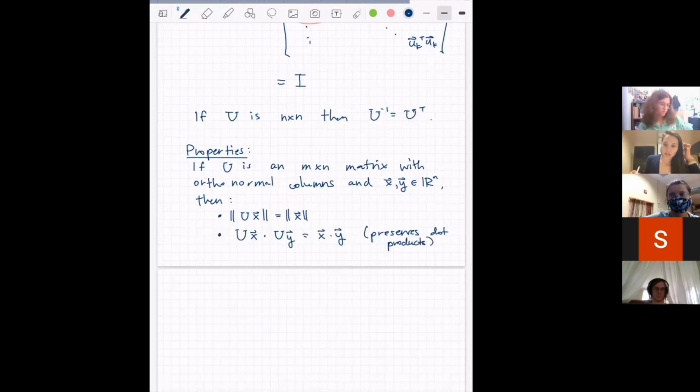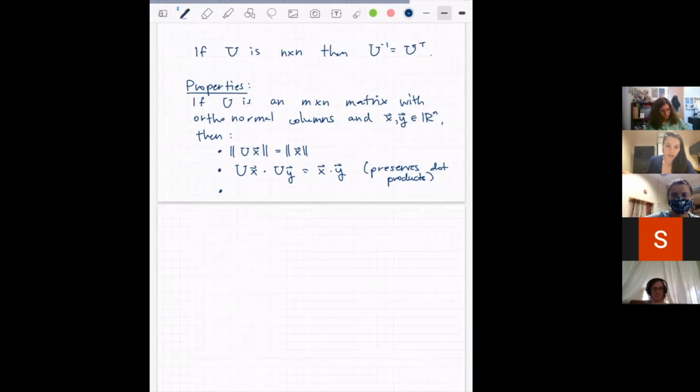The interesting thing about preserving dot products is that it also tells us that it preserves angles in some sense, right? Because dot products give us a way to define angles between vectors. And if dot products are preserved, that tells us that the angle between vectors is preserved. So it doesn't distort angles, basically.